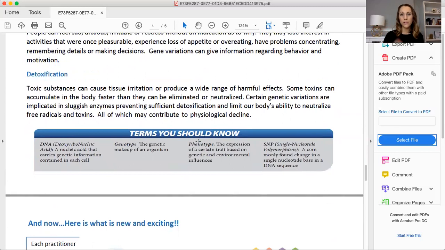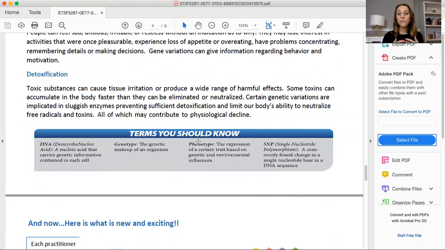Some terms that you should know, whether you're a practitioner or a consultant. DNA, that's where we should start. And that's a nucleic acid that carries genetic information contained in each cell. You should know what genotype is, the genetic makeup of an organism.